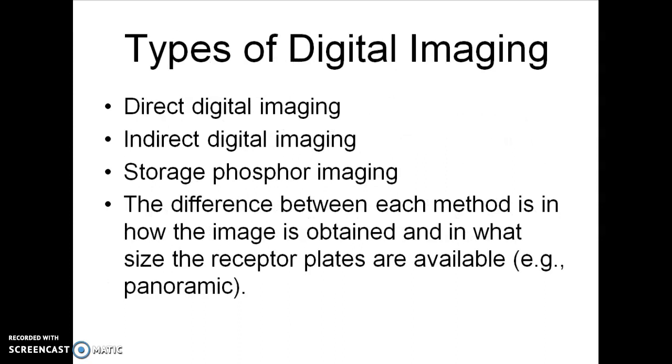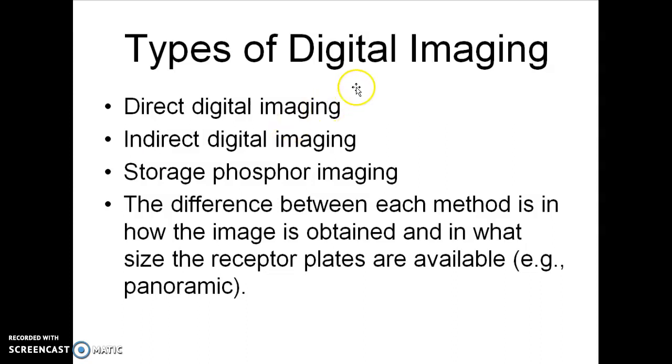And then there's different types of imaging. Direct digital imaging is considered your sensors, where you would put the sensor in the patient's mouth. The image is collected when x-rays hit it, straight to the computer. Indirect digital imaging can be either the phosphor plates, which have to be run through the digitizer, or traditional film that's processed and then scanned.